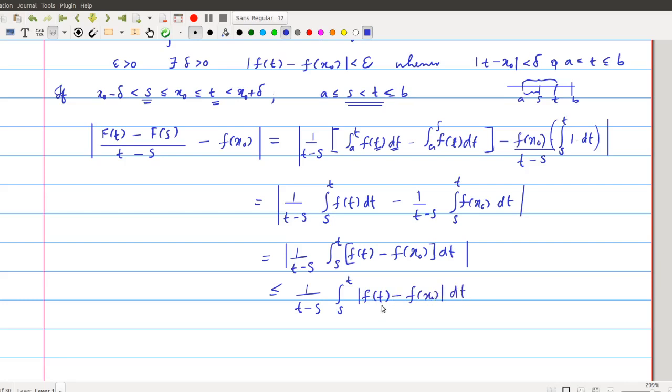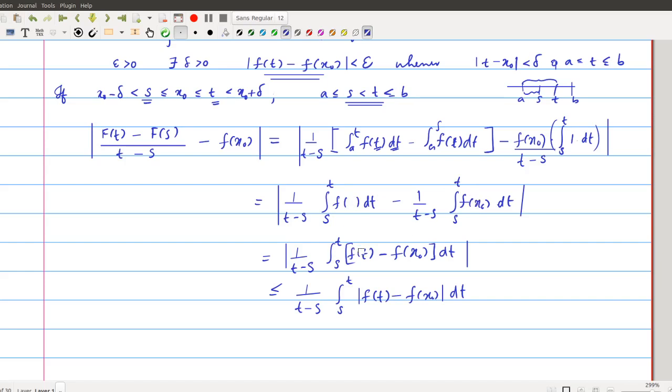Okay, but we know that this quantity is less than epsilon. We have chosen s and t in such a way that the 2 points lie inside this delta interval, so that x naught minus s and x naught minus t can be made less than delta by 2 or delta. We can write this t as u because there will be a slight confusion.